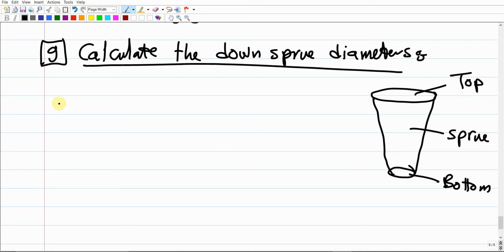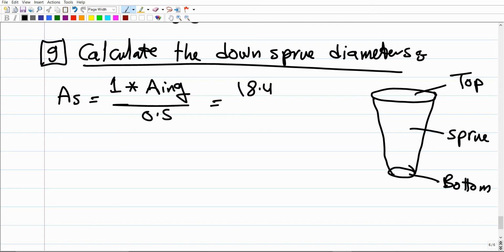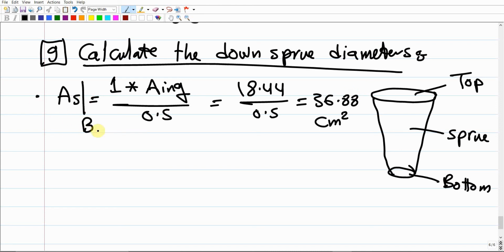So the area of the down sprue that we get from up there should be one times the area of the ingot, divided by 0.5. So it's 18.44 divided by 0.5, which is 18.44 times 2, equal to 36.88 centimeter square. This is the area of the down sprue from the bottom.